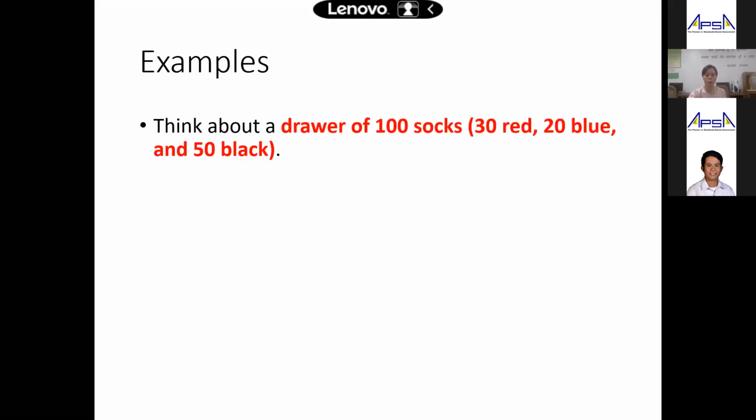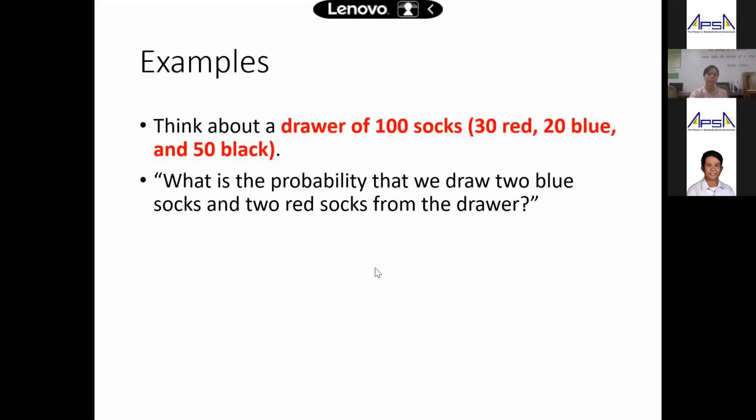Think about a drawer with 100 socks, 30 red, 20 blue, and 50 black. What's the probability that when we draw four socks, we draw 2 blue and 2 red socks? Kunwari bubunot kayo ng 4, what's the probability na yung dalawa doon blue, yung dalawa red?